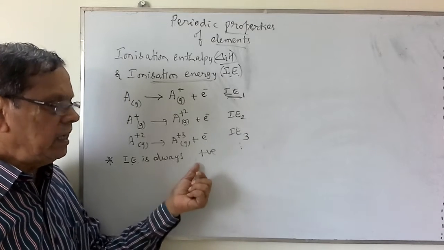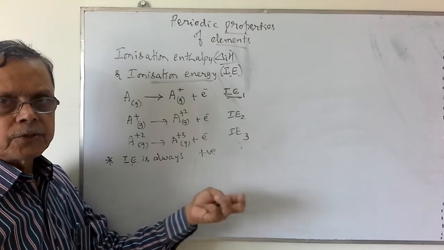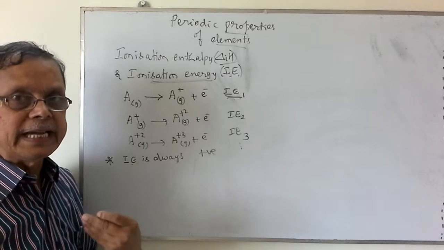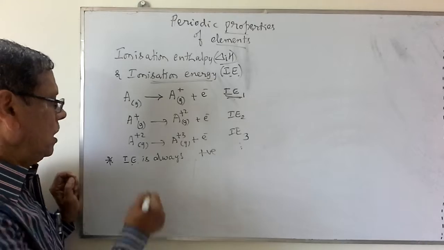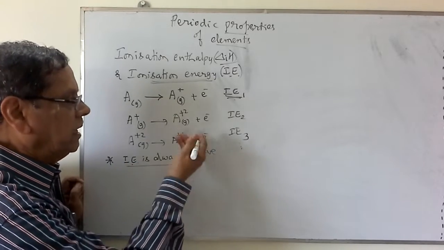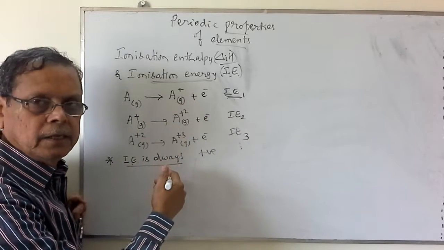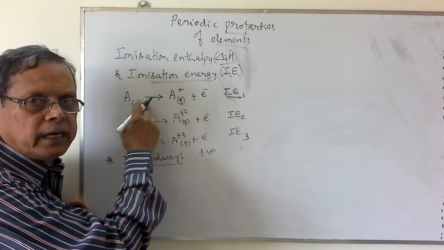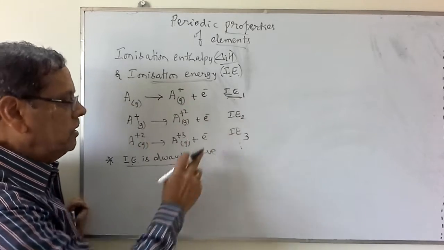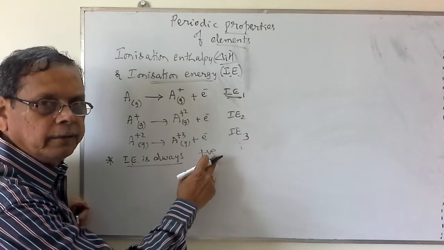If energy is released, it is called negative. So anything that is absorbed, anything that is gained, is positive. Anything that is lost is negative. So ionization energy is actually the energy required or absorbed when an electron is to be removed from the outermost orbit of the isolated gaseous atom. It is always a positive quantity.